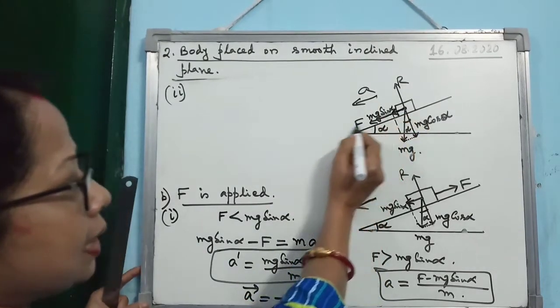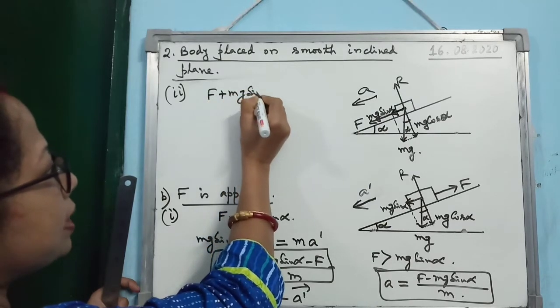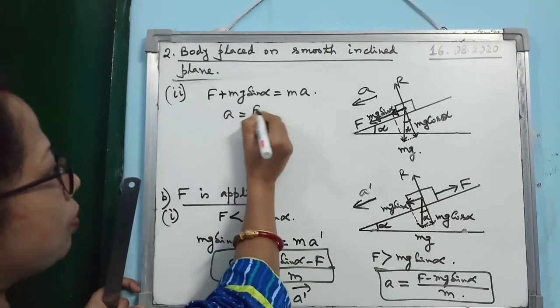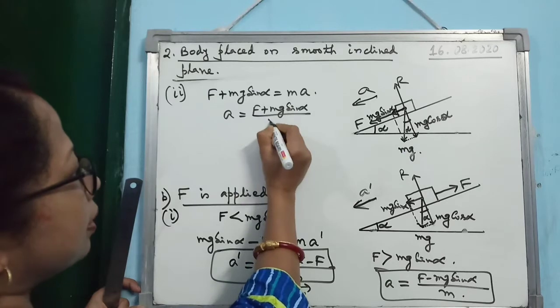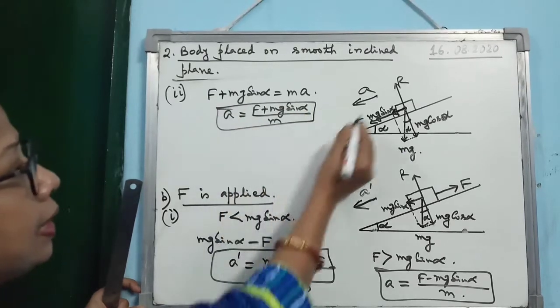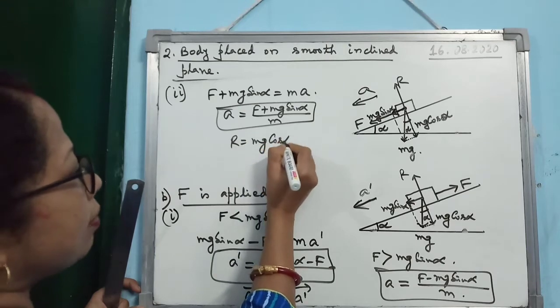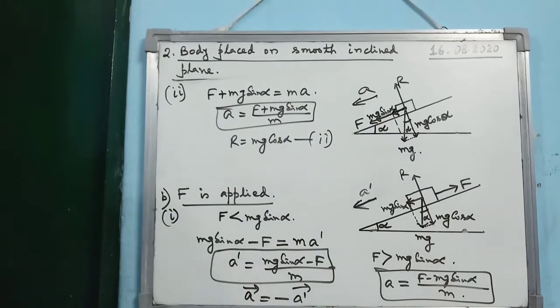And what is the resultant force in the downward direction? F plus mg sin alpha is equal to m into A. So A is how much? (F plus mg sin alpha) by m. Is that clear? In this case also you can write R equal to mg cos alpha, common for all the cases.